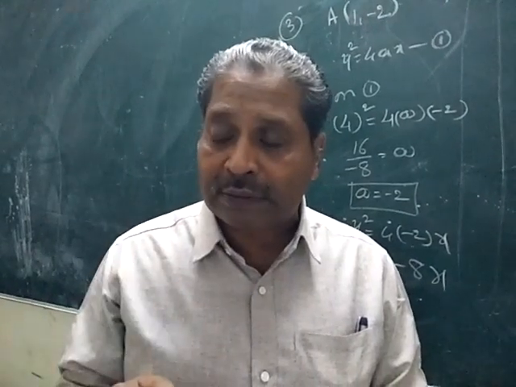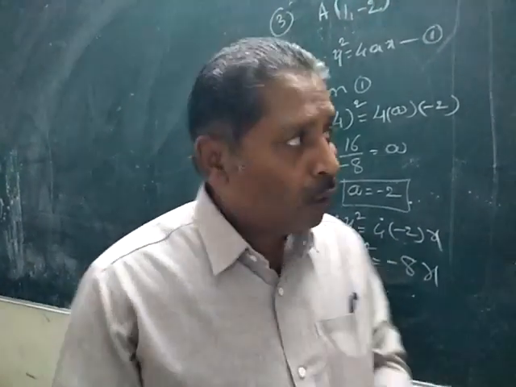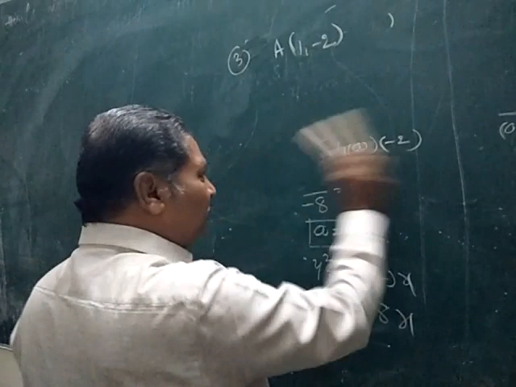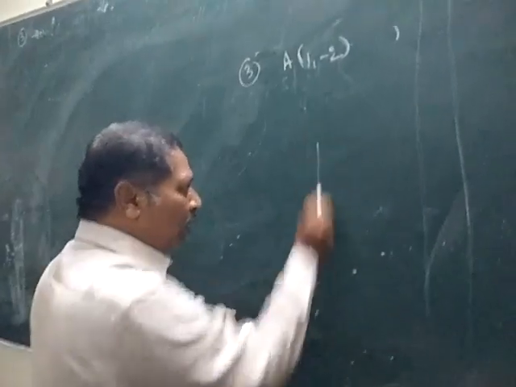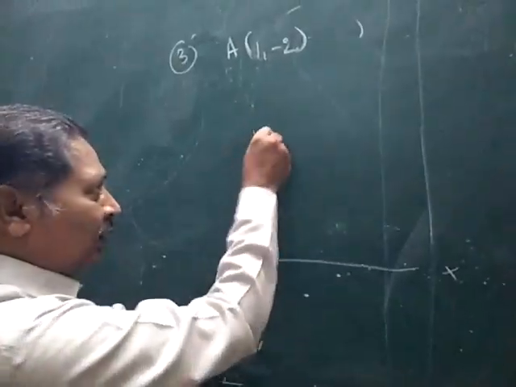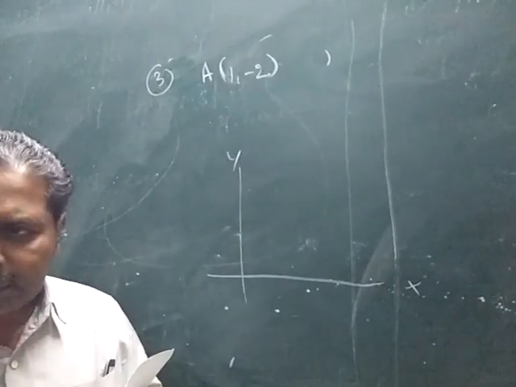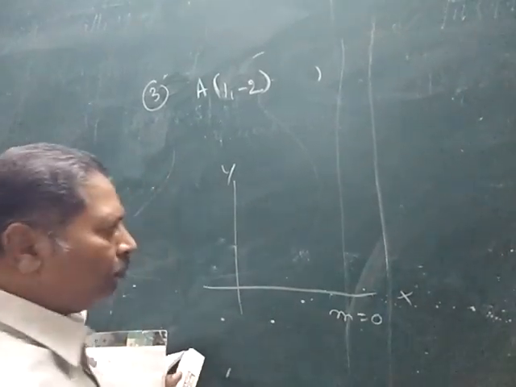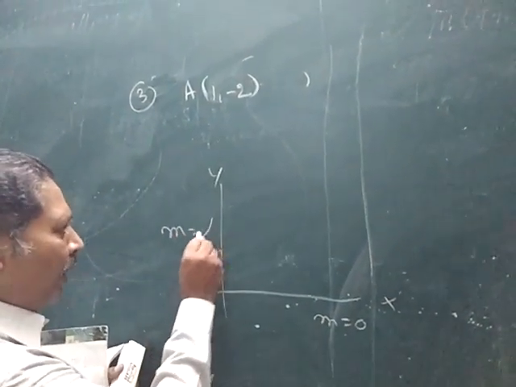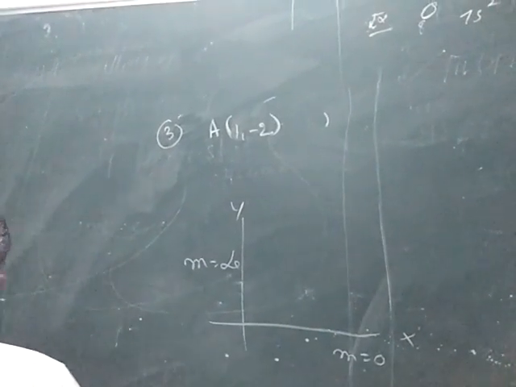Remember that point. This is the x-axis, this is the y-axis. The slope of the x-axis is 0, and the slope of the y-axis is infinity.